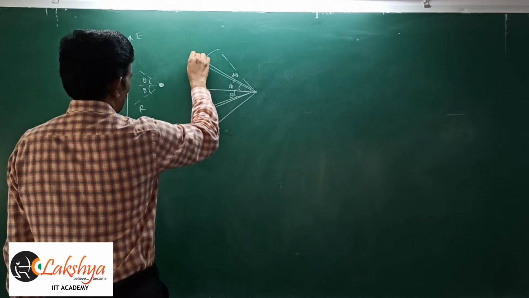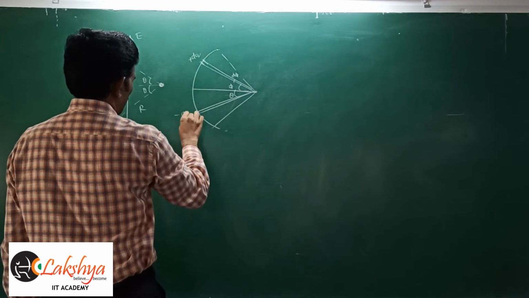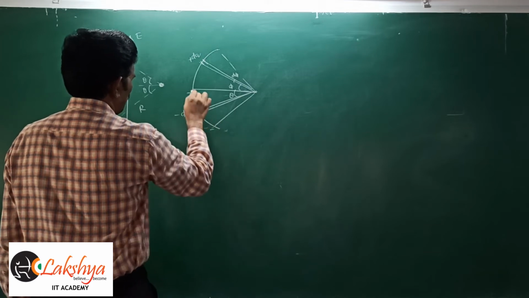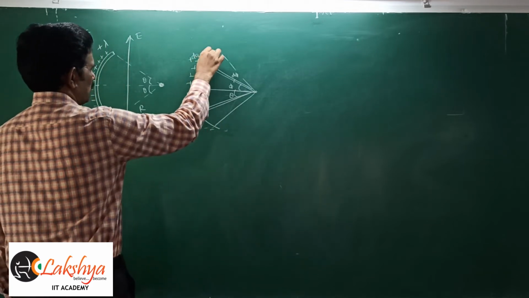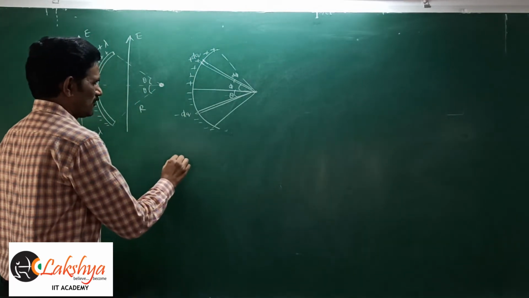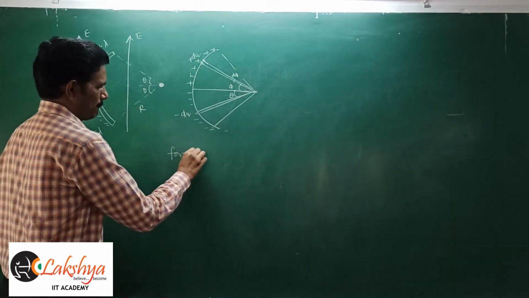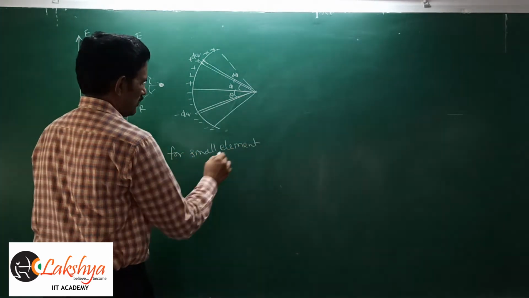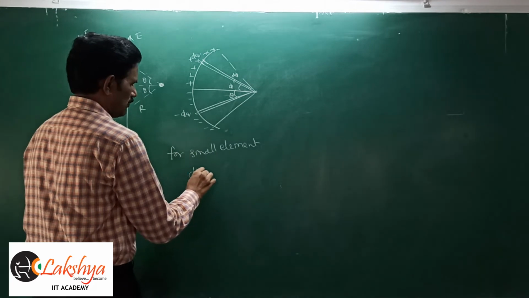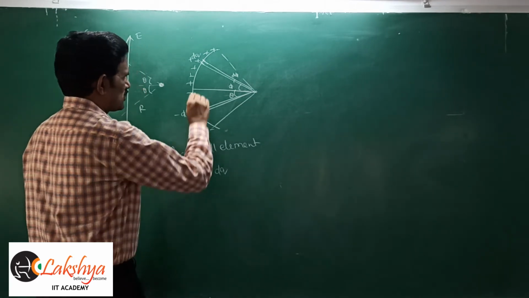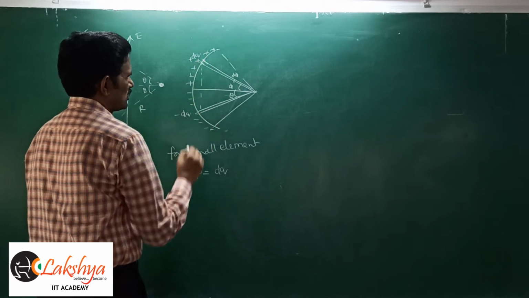So this is plus dq, and this will be minus dq, because the negative charge is on this side and the positive charge is on this side. Now for this small element we can write the dipole moment dp equal to dq into the distance between them.